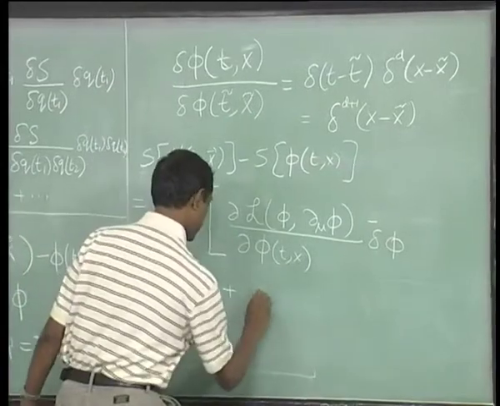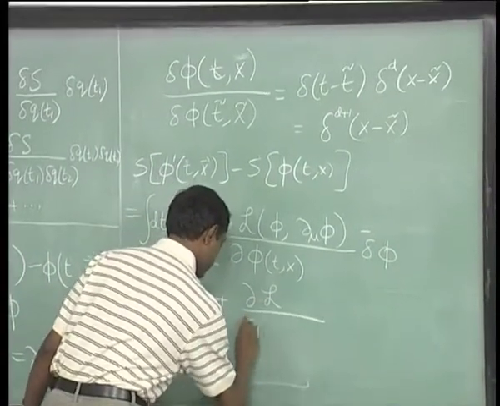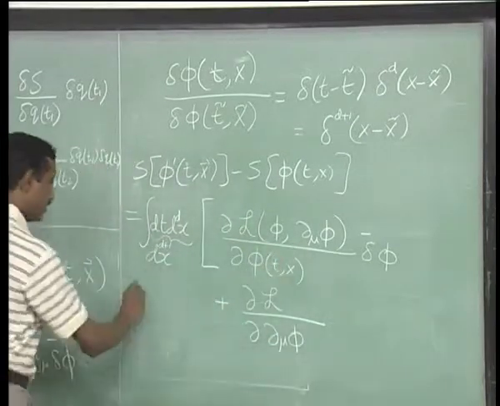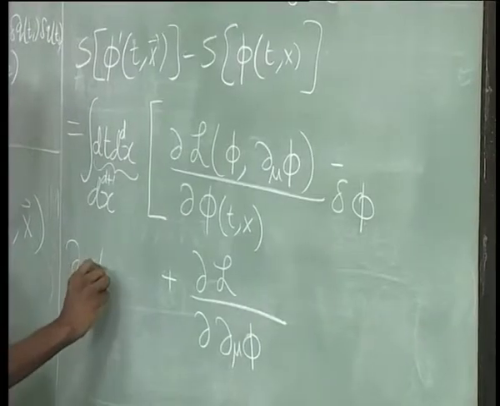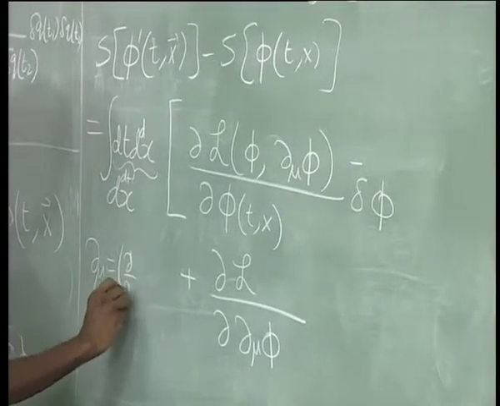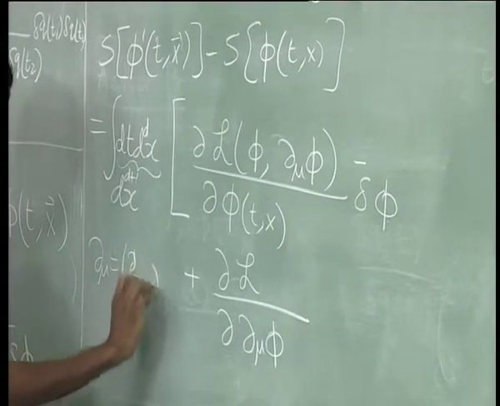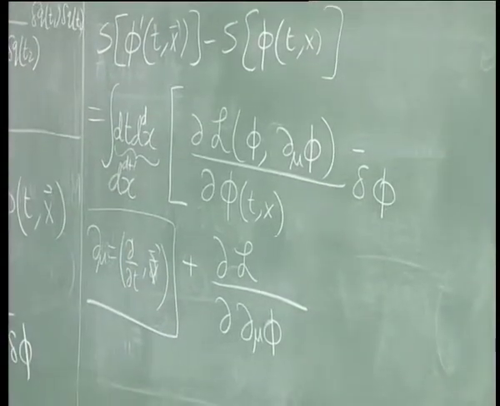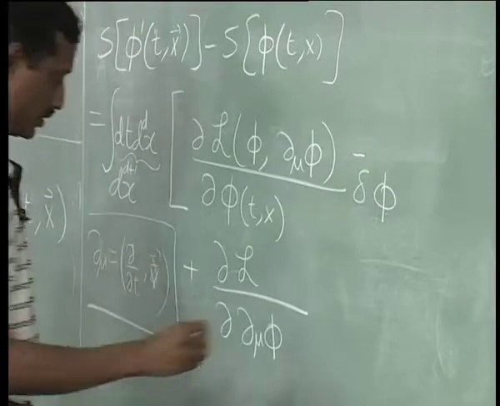And so now, where d mu is the derivative which includes d by dt and this kind of stuff. Okay.